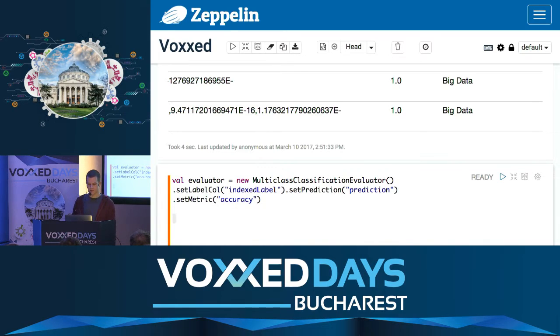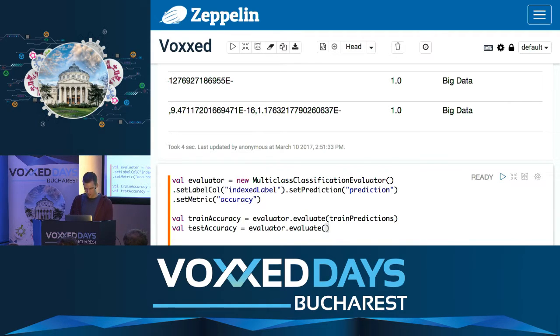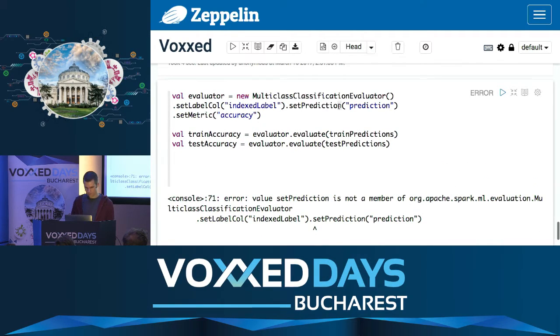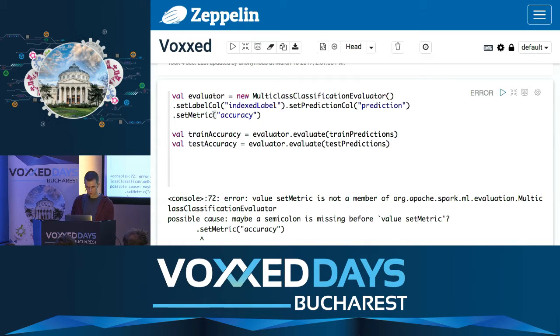And what metric we are interested in. Once we have this evaluator, we can calculate the accuracy: train accuracy equals evaluator evaluate. So we provide the train predictions, and test predictions, set prediction column and set metric name.